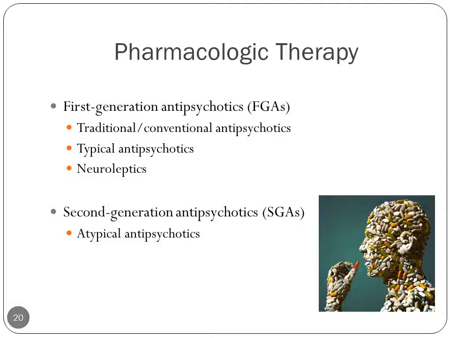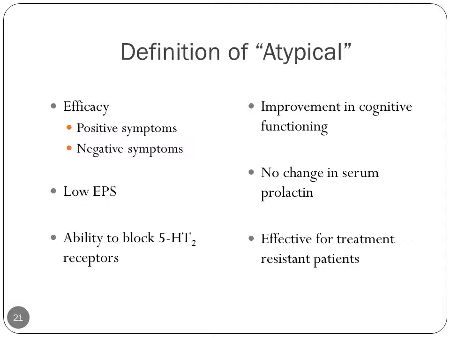We're now going to move on and talk about the second-generation antipsychotics. I've mentioned these agents are also referred to as atypical, and the characteristics that define an atypical antipsychotic are not all agreed on. However, I put up several of the characteristics that people will use to define one.